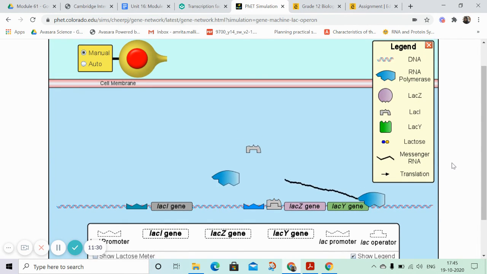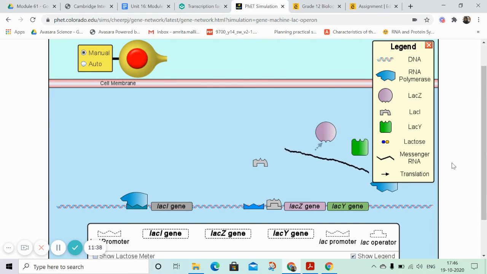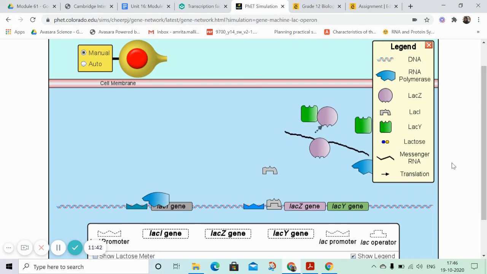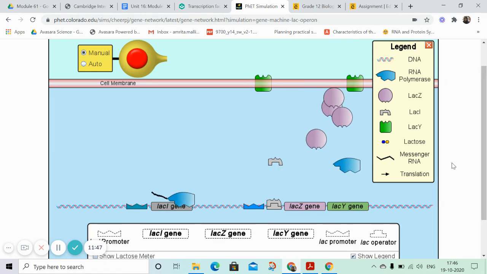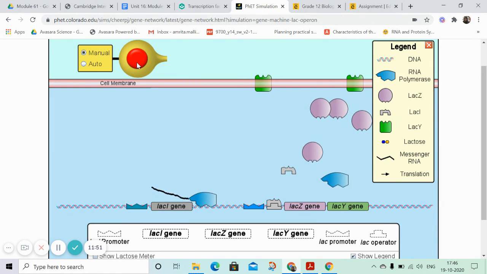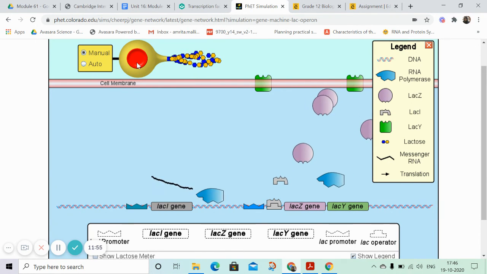You're noticing all the genes are now getting transcribed and some mRNA forming, and that mRNA is forming some enzyme. Make sure you're using the correct terms for these formations. And there are some new proteins being synthesized which are going to the membrane. Now I'm going to manually release some lactose in the agar jelly and see what's happening.